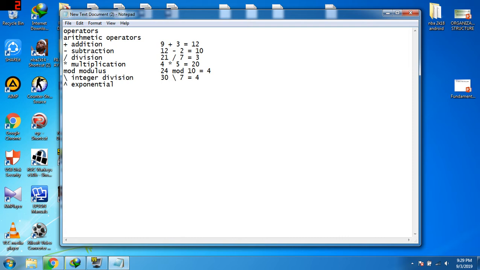So that is 4. Then the remainder is 2. So we disregard the remainder, we count the whole number. So for example, if we have a value of 4, so 30 divided by, or the integer division of 4, so that will give us 28, or the answer of 7. So 7 times 4, that is 28. So disregard natin yung remainder niya, which is yung 2.